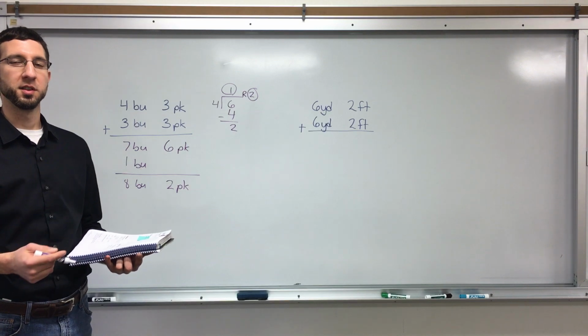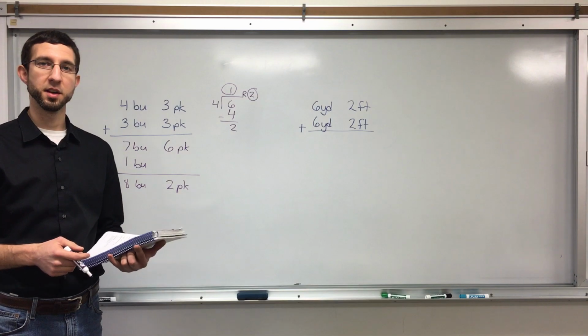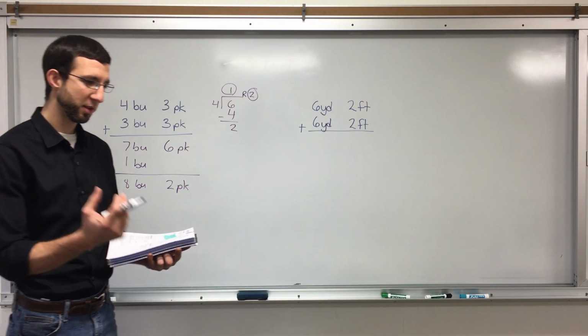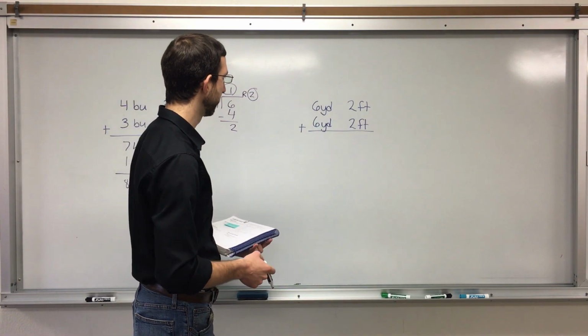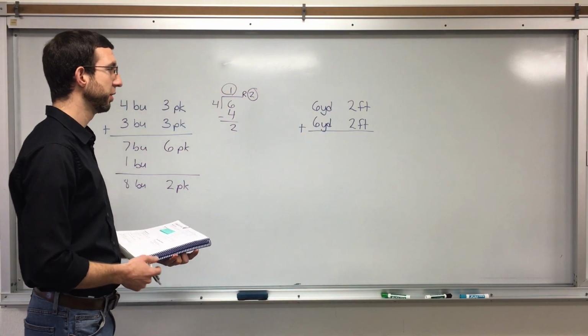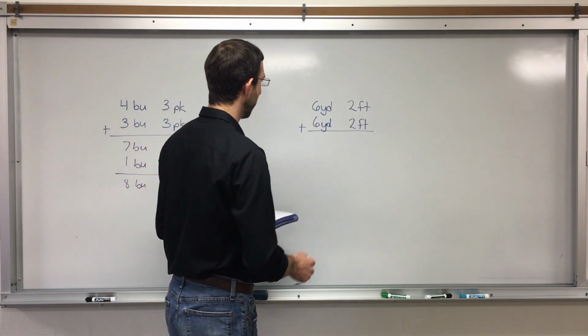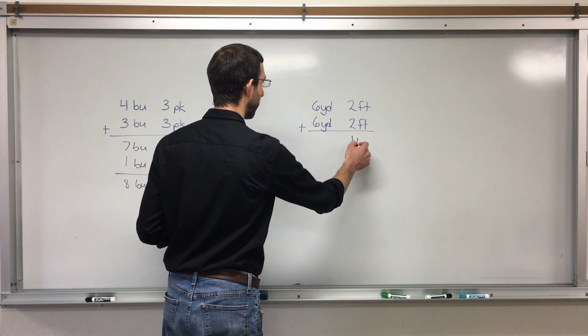Let's do another one, and hopefully if it's not making sense yet, you'll get it in this one. 6 yards and 2 feet plus 6 yards and 2 feet. We're going to go ahead and add this problem.